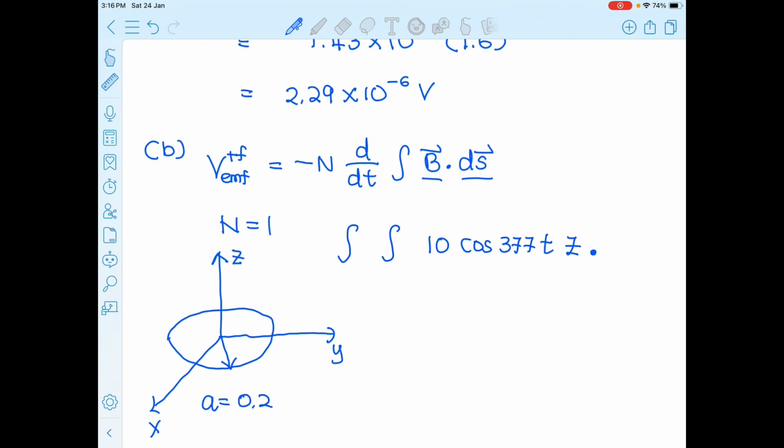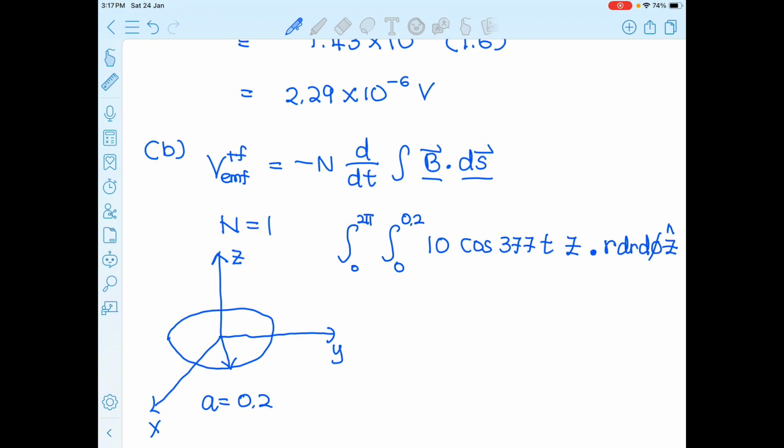In this case, we will use a cylindrical coordinate system, so it's r dr dphi, and the surface is facing the Z direction. So the r is from 0 to 0.2, and the phi is 0 to 2 pi.